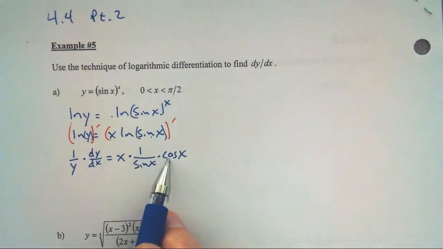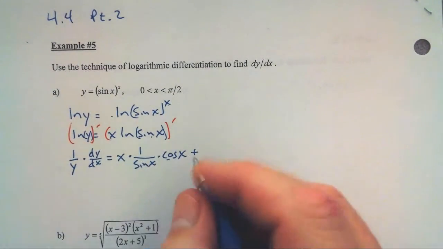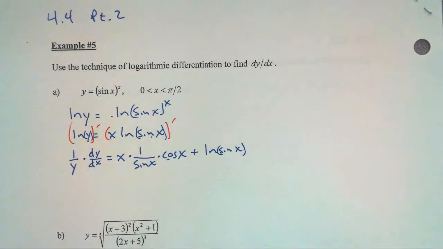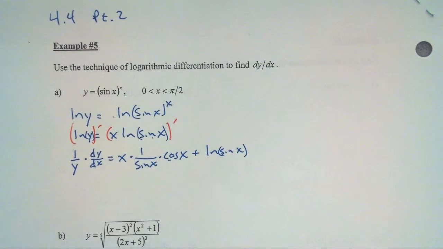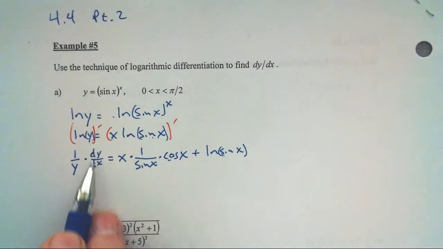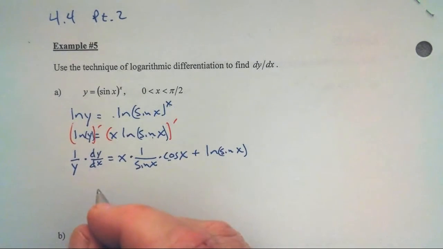So we're just treating the baby here. Plus, derivative of x is 1 times ln sine of x. That's our dy dx. Maybe you don't even need the extra room. But well, it's not really dy dx, it's 1 on y times. So I'm going to multiply both sides by y after I clean this thing up. In fact, I think I'm going to do it while I clean this up.